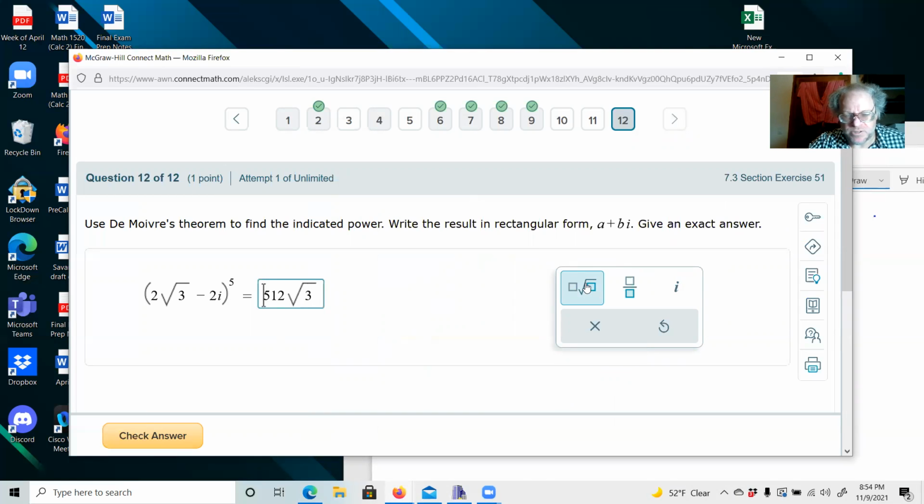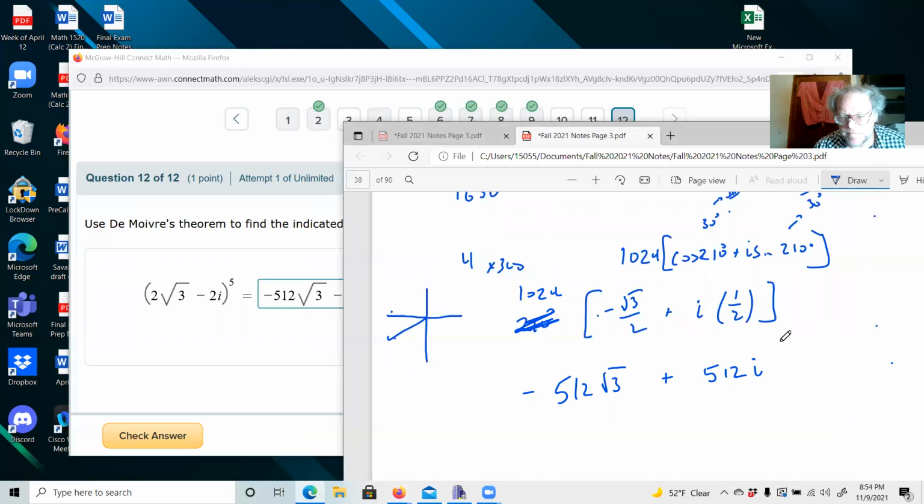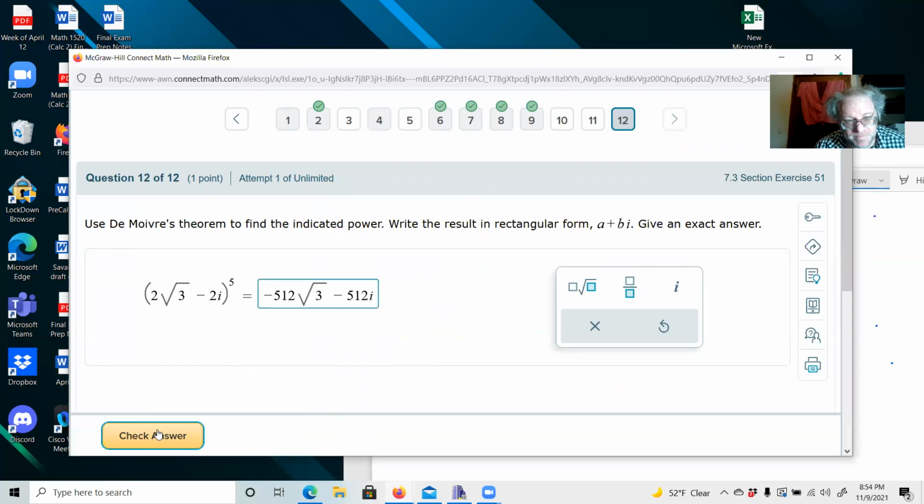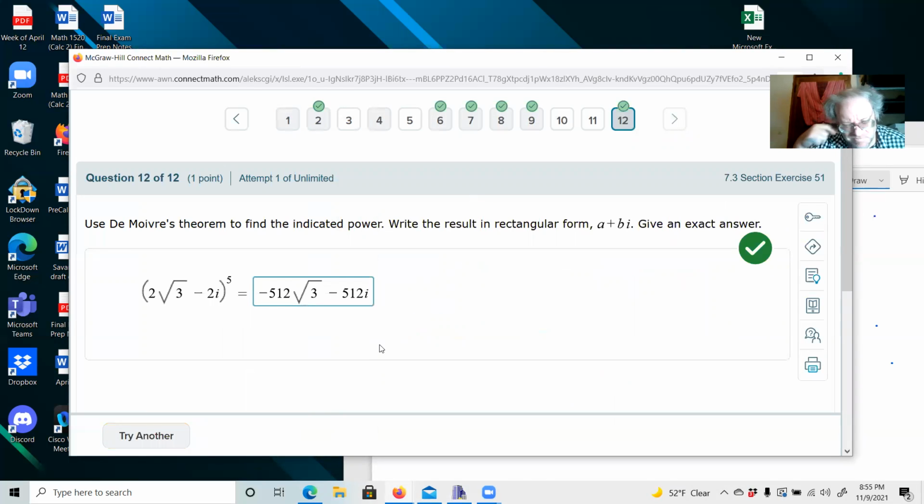That should be negative, shouldn't it? And then minus 512 I, because this should be negative. Fingers crossed. Hooray.